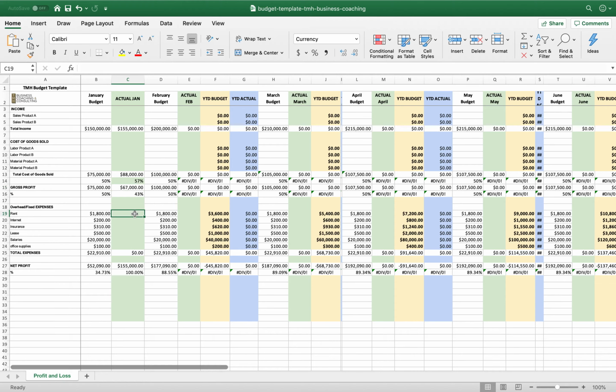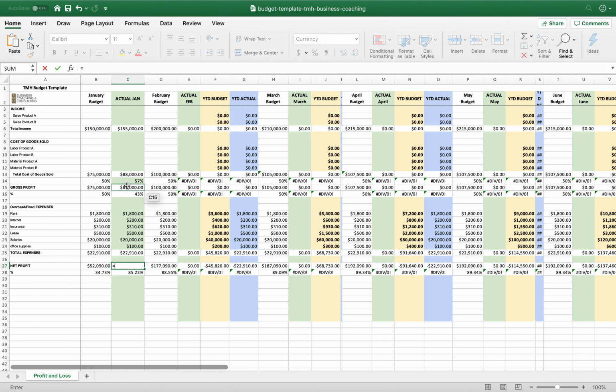Then down here, let's say that we had pretty much the exact expenses that we anticipated because we're smart and we know what our numbers are. So net profit equals gross profit minus total expenses.